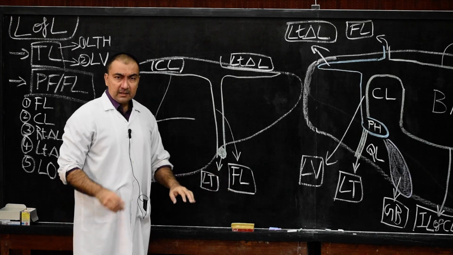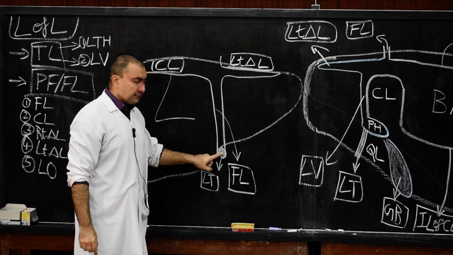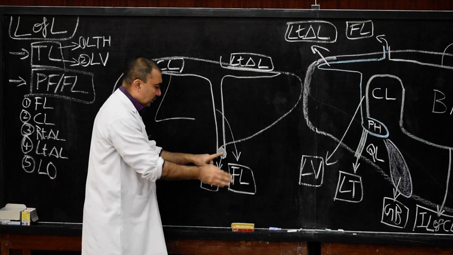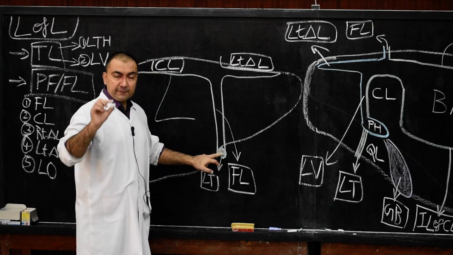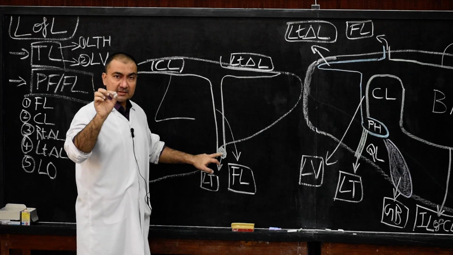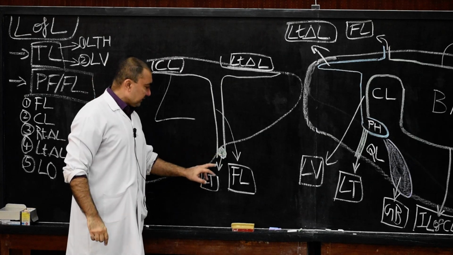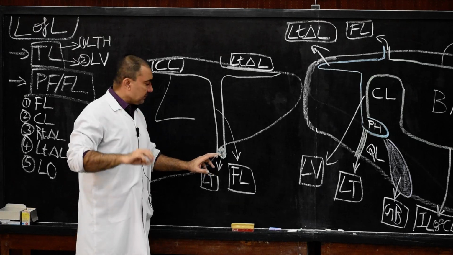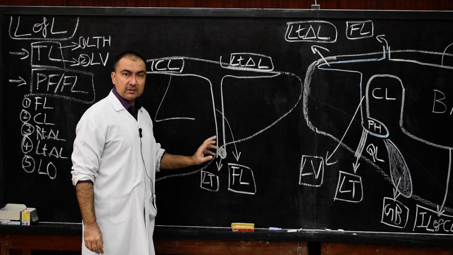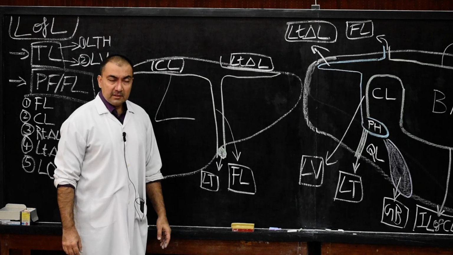The inferior border of the falciform ligament will be a free border, and in that border there will be the ligamentum teres hepatis. So the ligamentum teres will be lodged within the inferior border of the falciform ligament.